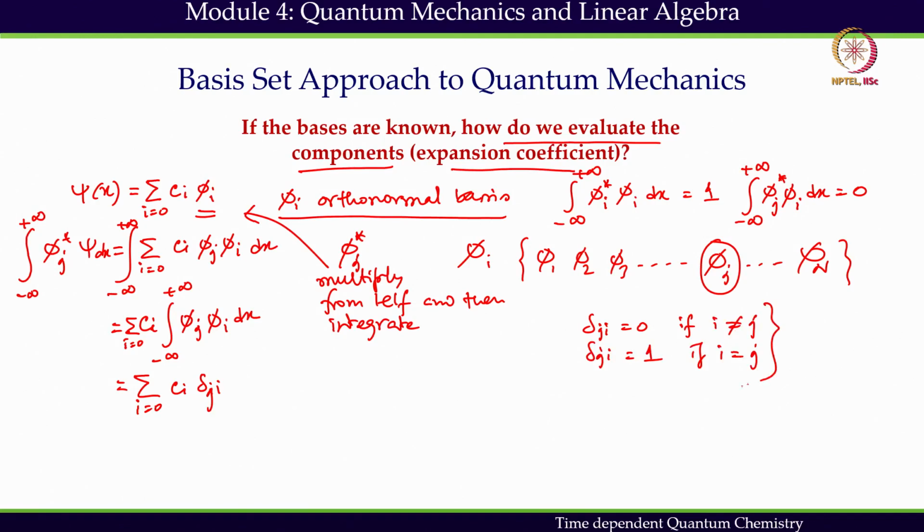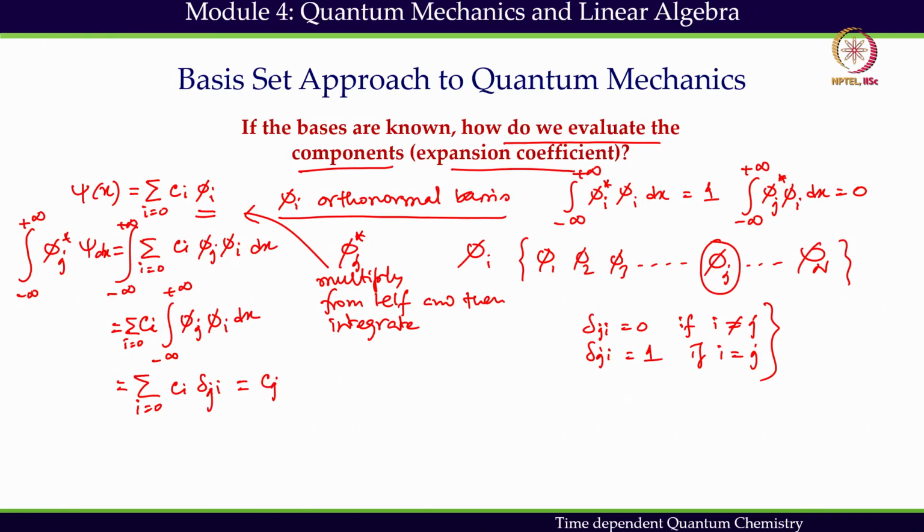That is the property of the orthonormal basis, and this property comes exactly from the property of the Hilbert space. The property of the Hilbert space suggests that its inner product should exist, and so what we get is that the entire summation will be 0 except for the C_j term, because in C_j the delta function will take the value 1.